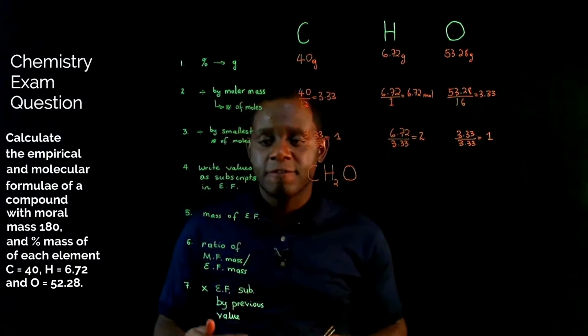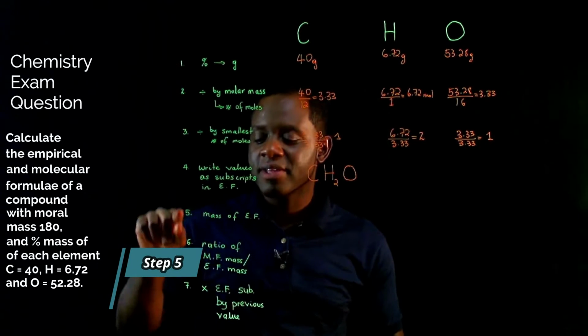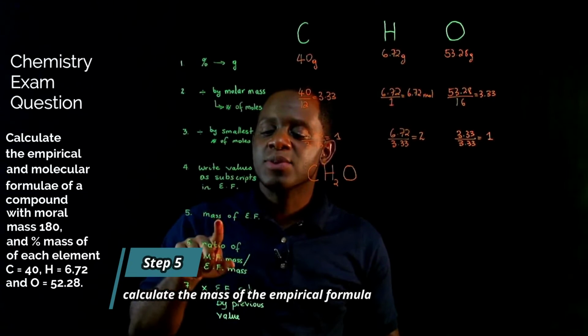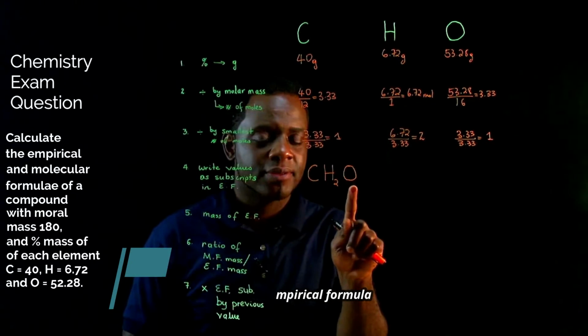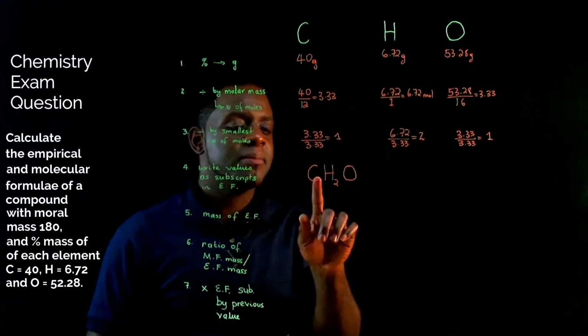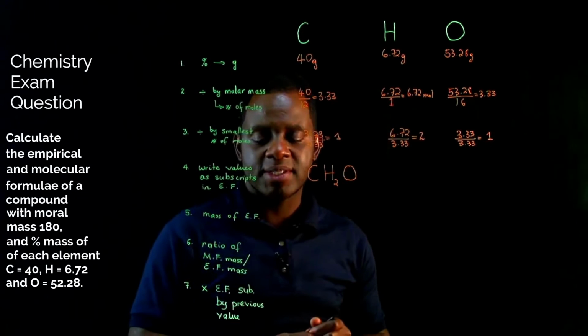Now to our second phase. The first step in our second phase, which is step 5 in this order, is to find the mass of this empirical formula. To do so, we simply add the masses of each of the elements.